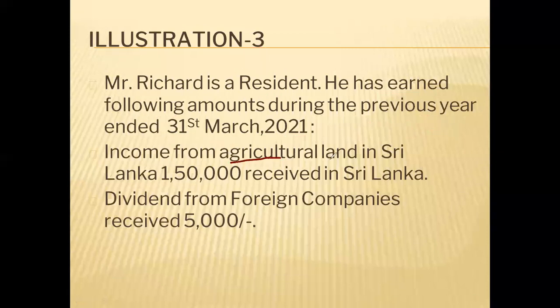Income from agriculture land in Sri Lanka, 1,50,000. Income from agriculture cannot be salary income, house property income, business income, or capital gains. Obviously, it will come under income from other sources. One important thing to remember: this is agricultural income from land in Sri Lanka.